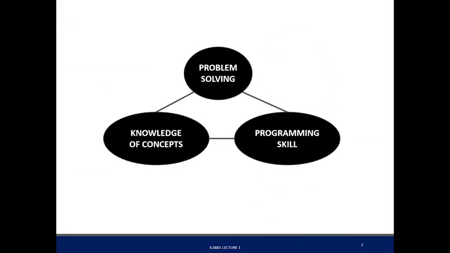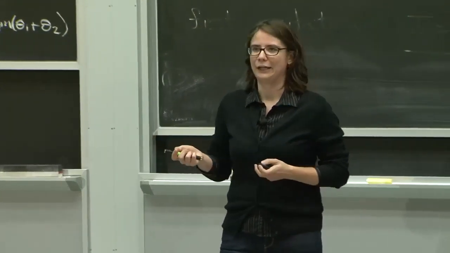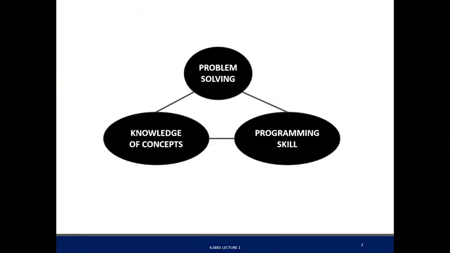This is pretty much a roadmap of all of 6.0001 and 6.0002, as I've just explained it. There are three big things we want you to get out of this course. The first is knowledge of concepts, which is true of any class you'll take: the class teaches you something through lectures, and exams test how much you know. This is a class in programming, so the second thing we want you to get out of it is programming skills.